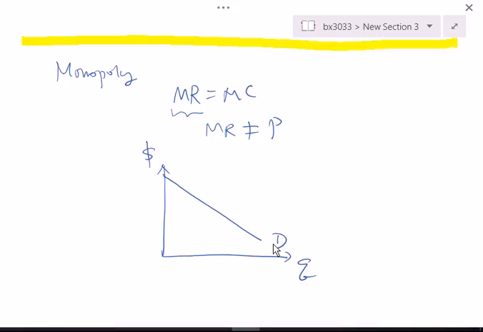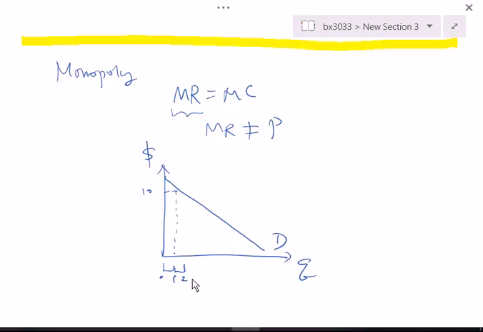So, which means, okay, if I want to sell just one unit, then I can charge a price this many. Maybe this is $10. If I want to sell 2 units rather than 1 unit, I cannot set the price of my output at $10 because consumers won't buy that many.